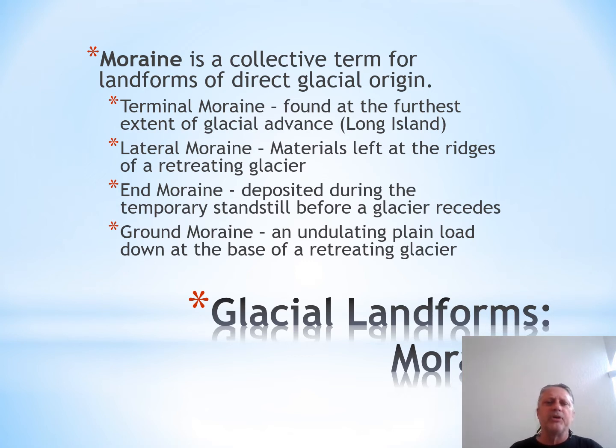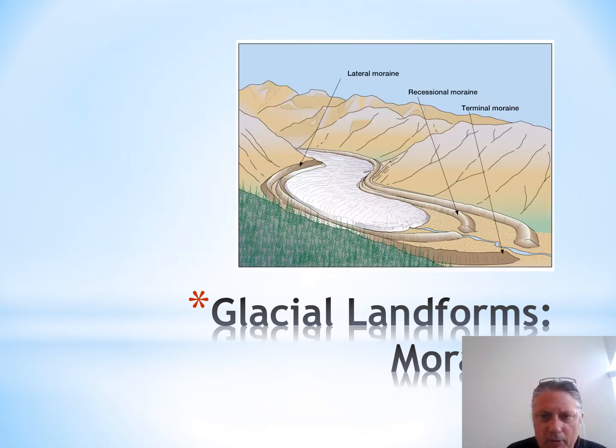So the prefix terminal, lateral, end, ground just refer to the location, and then moraine itself is the glacial deposit. So terminal moraine, recessional moraine, lateral moraine are all different depositional areas as glaciers advance and retreat.